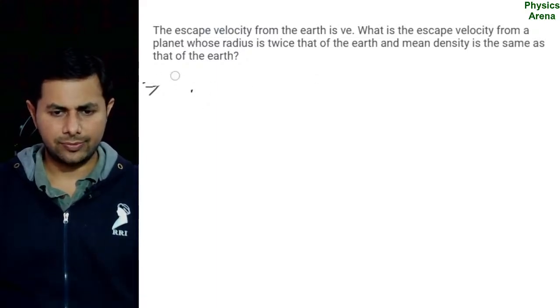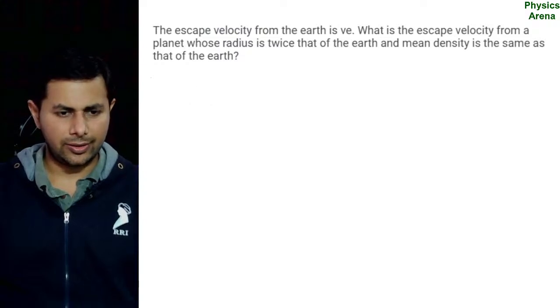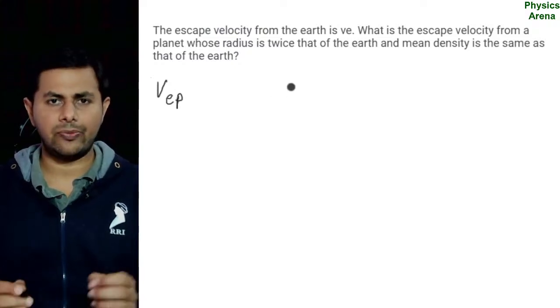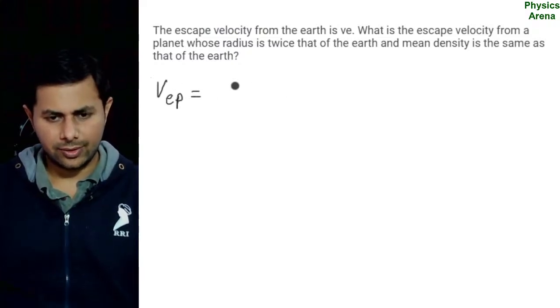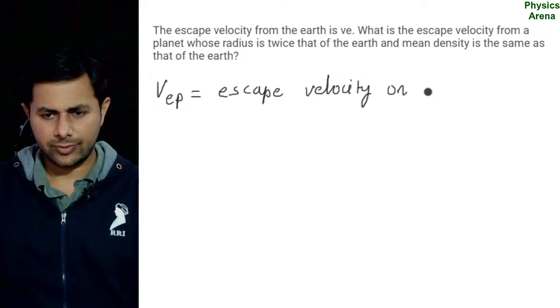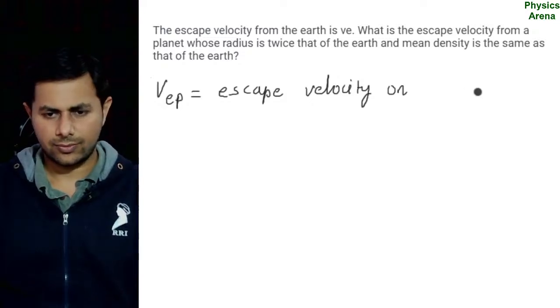So let's suppose v_e suffix p is escape velocity on that planet, on the planet.